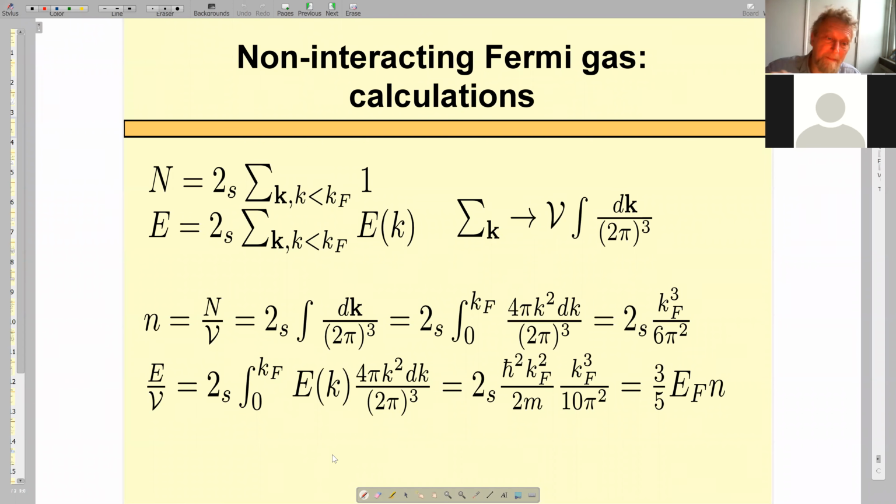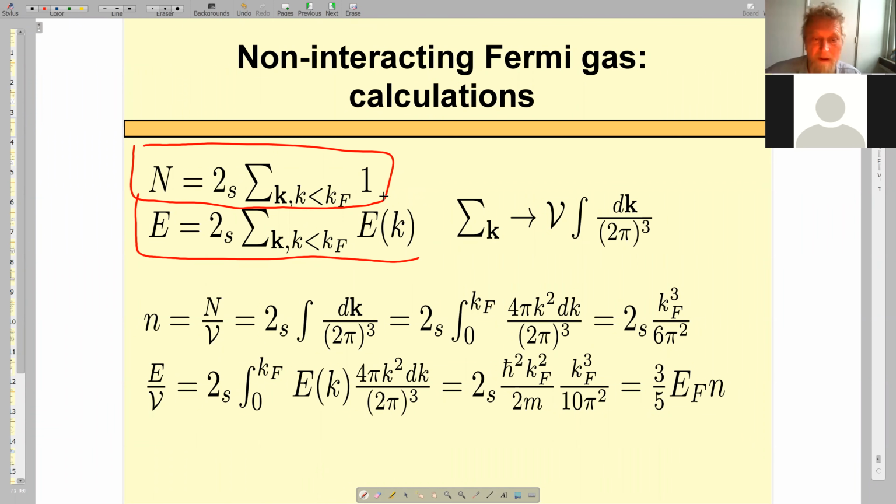I want to compute the number of electrons and the total energy. For any filled state, I add either one or the energy of the corresponding state and sum up over all filled states of all k with k smaller than k Fermi. There is a factor of 2 in front of it because of spin.